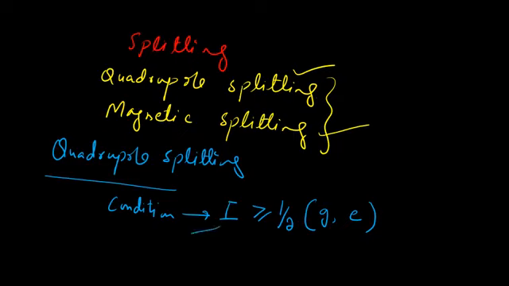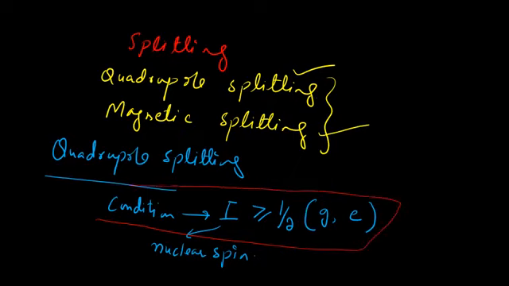So here I present the nuclear spin. This is one of the necessary conditions to observe quadrupole splitting.